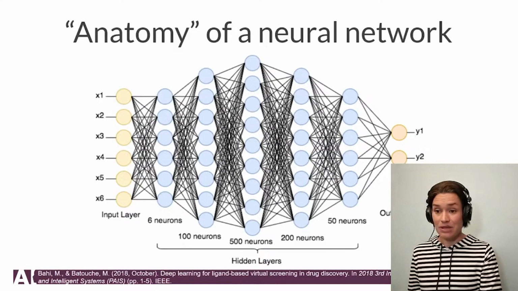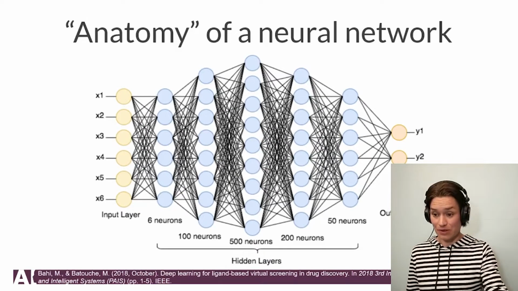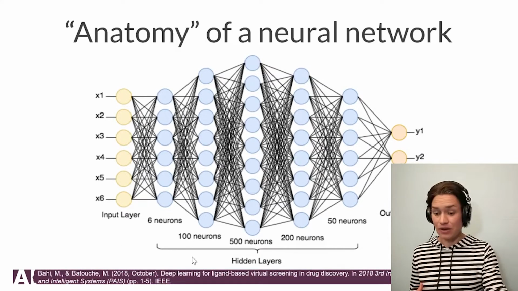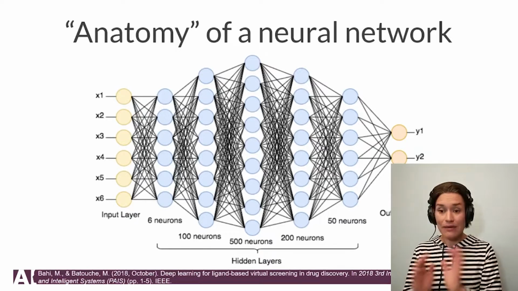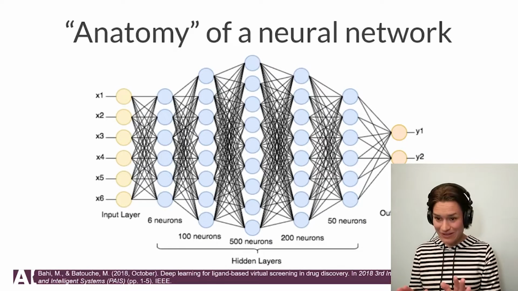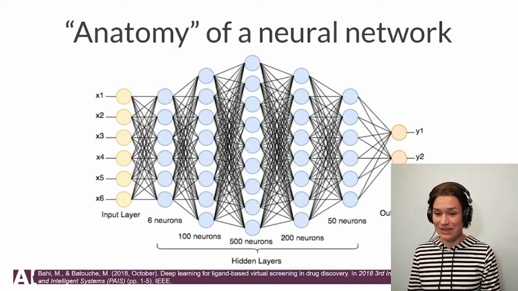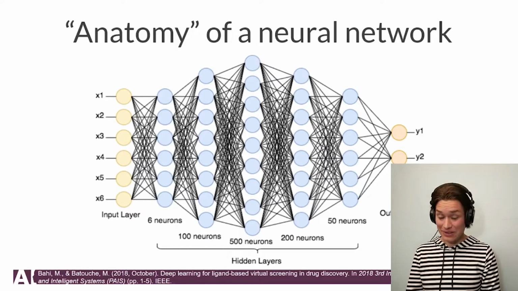So, anatomy of a neural network. On the left, the neural network. Why is it called neural networks? Because those dots are called neurons. And those neurons, everything in this is a mathematical operation. This is just a visual representation of how those mathematical operations are happening.